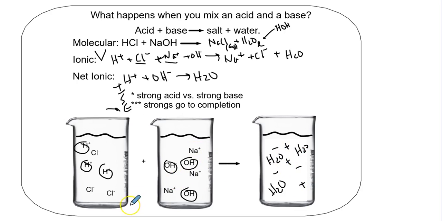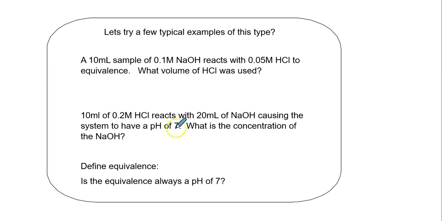Okay. All right. Let's try an example of this. 10 milliliters of a 0.1 molar NaOH reacts with 0.05 molar HCl to equivalence. So the equivalence means the moles are equal. Okay.